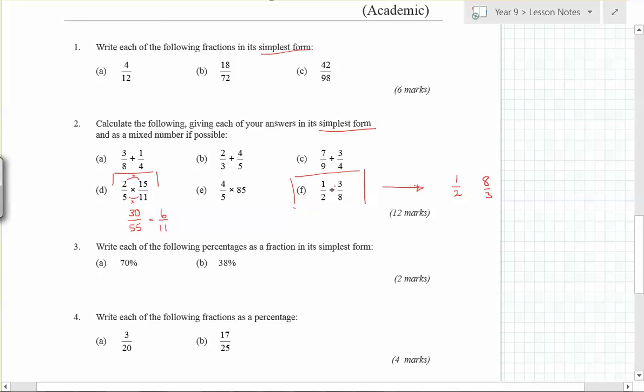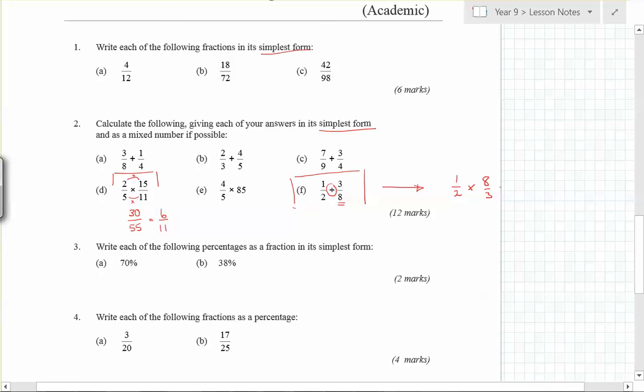The divide becomes a times, and then you swap the other one upside down.